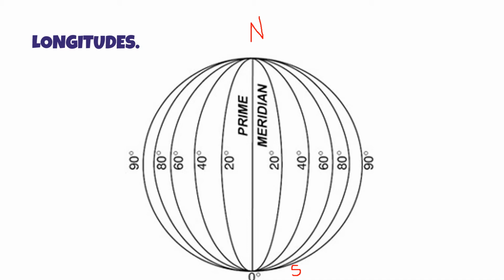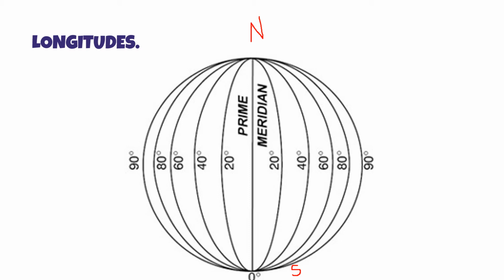You have many lines of longitude. There are 180 lines of longitude in the eastern hemisphere, and similarly in the western hemisphere you have 180 lines of longitude. So there are 360 lines of longitude around the Earth.